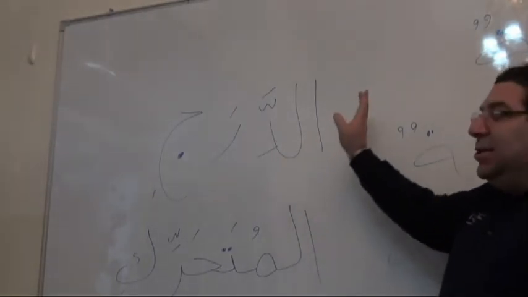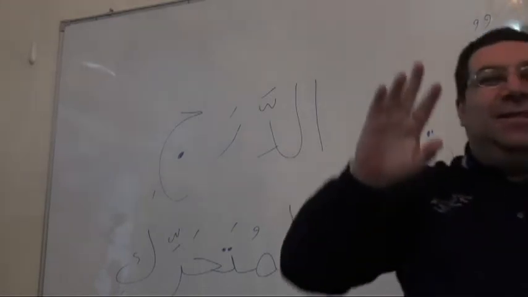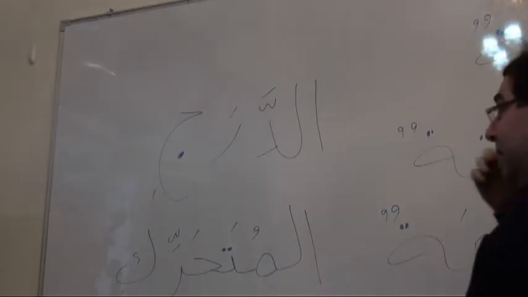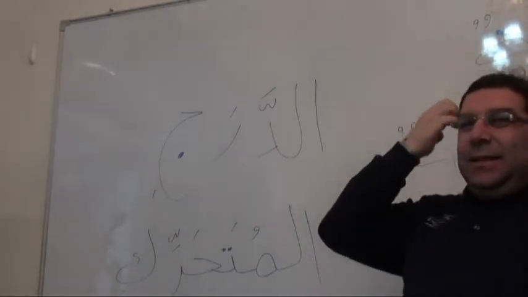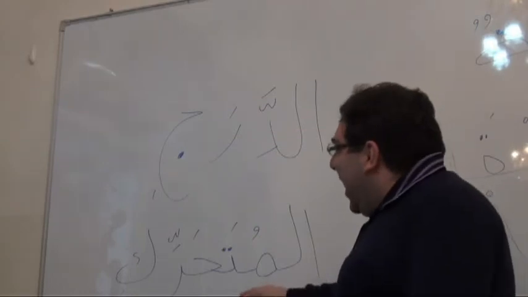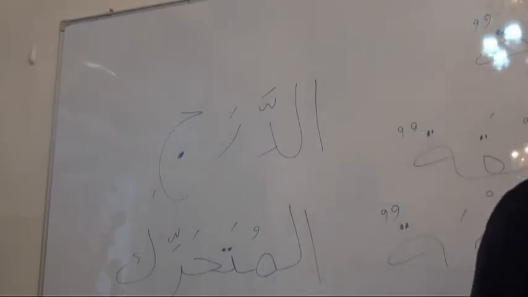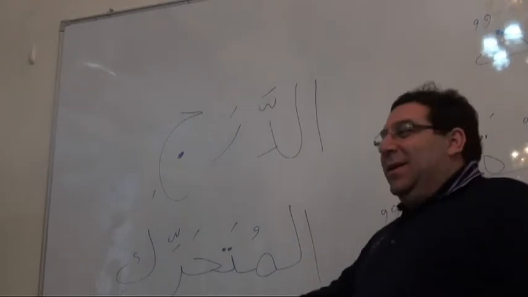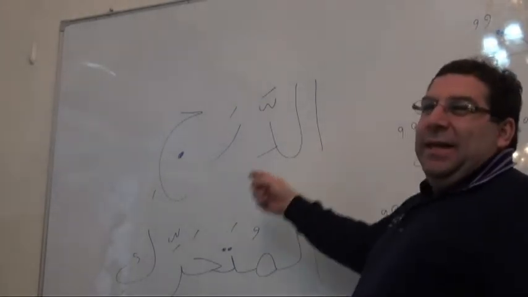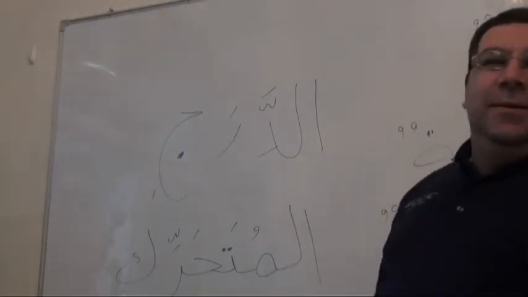Okay, the word daraj means stairs. Don't write it, or write it as you like. Daraj means stairs. Mutaharrik means movable. So if the daraj is movable, it is an escalator.